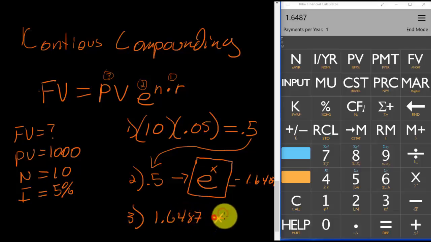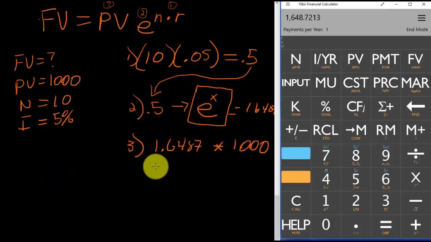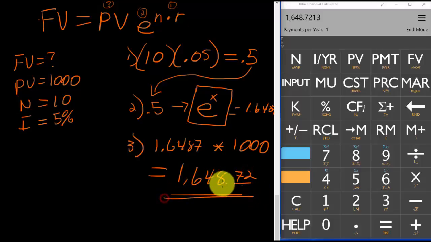All I'm going to do here is multiply this by my present value, which is 1,000. So times 1,000 equals $1,648.72. This is our total calculation of our future value if we compound continuously.